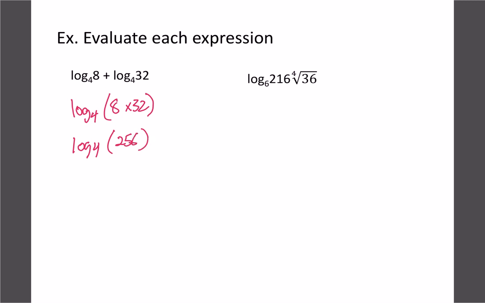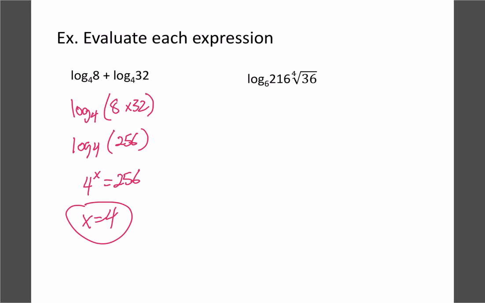And let's solve that. We can basically ask ourselves 4 to the what is 256. So 4 to the power of 6 is too big. If we guess at 4 to the 5, still too big. 4 to the 4 is 256. So x equals 4 is the correct answer in this case.